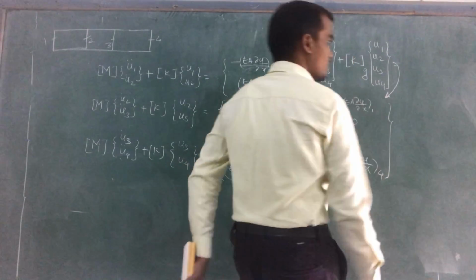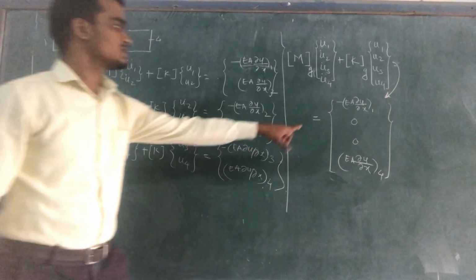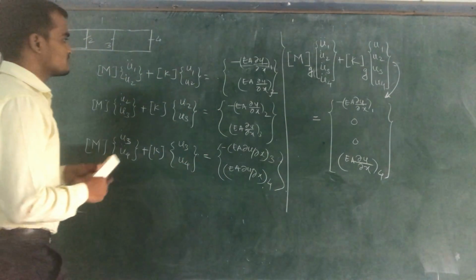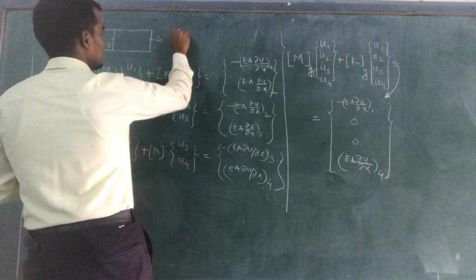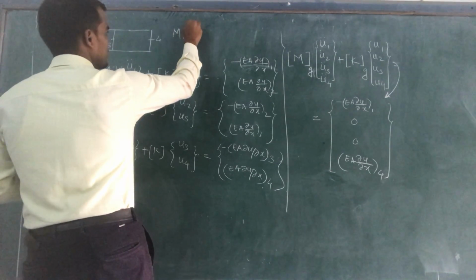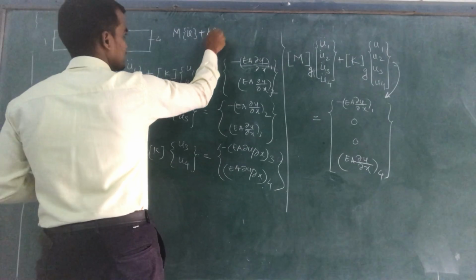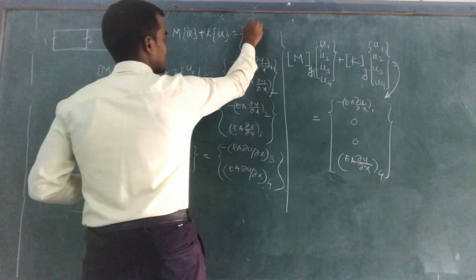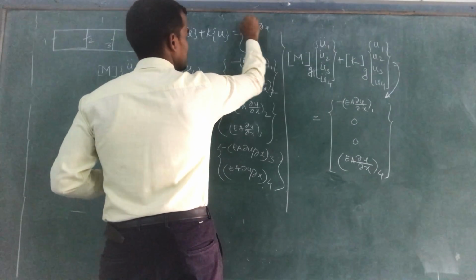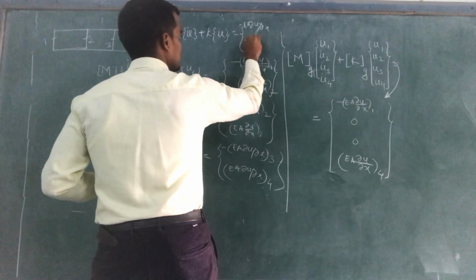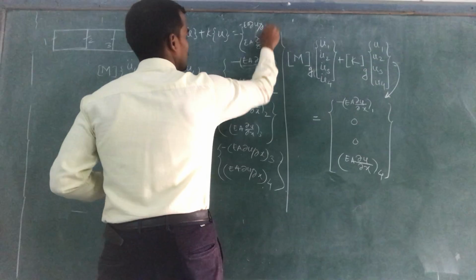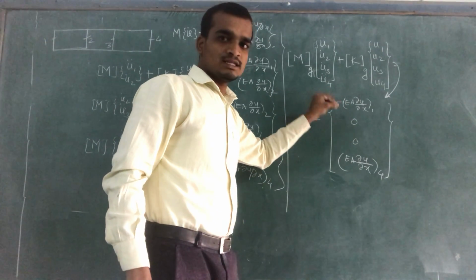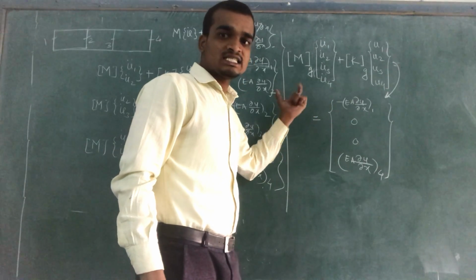So what is the conclusion from this? As we know, our general equation is M u double dot plus K u is equal to this load vector, minus EA dou u by dou x and EA dou u by dou x. From this equation we conclude that the boundary condition is applied only at extreme nodes.